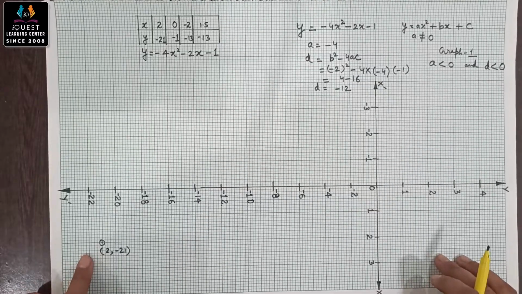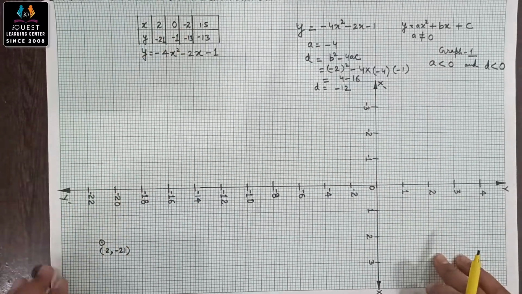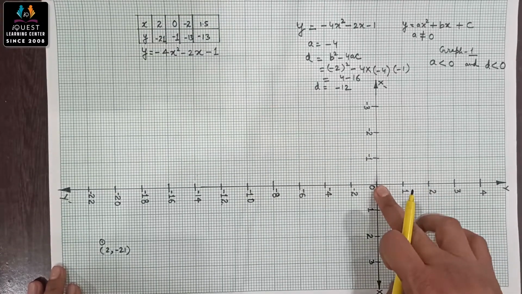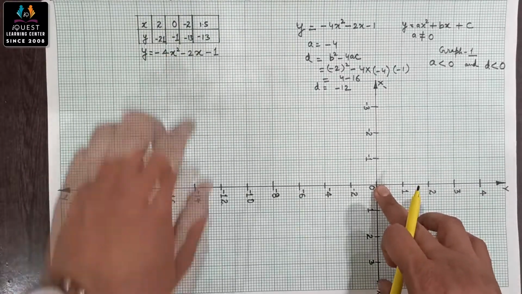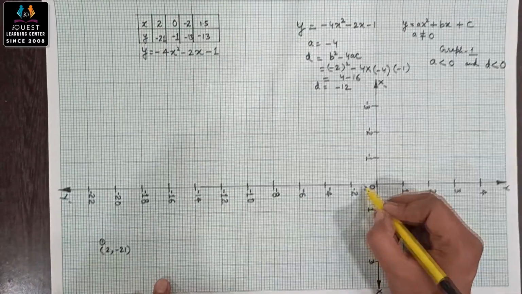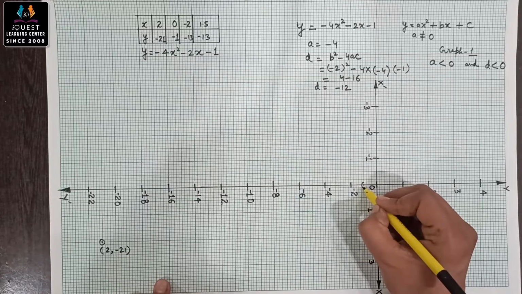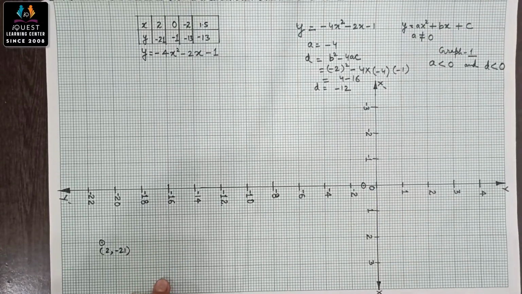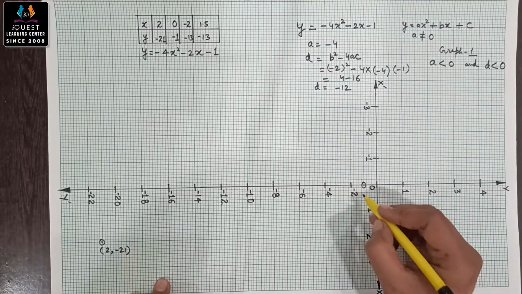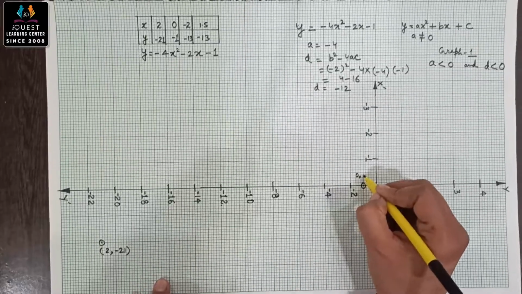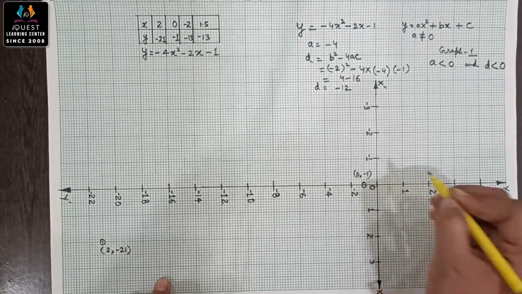Now we have to choose another value. X is equal to 0. On the origin the x is equal to 0 here, but y is equal to minus 1. So we have to choose the half of this box. So that is x is equal to 0 and y is equal to minus 1, that is (0, minus 1).